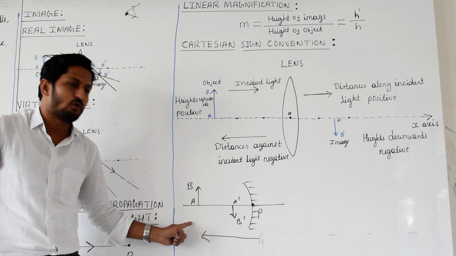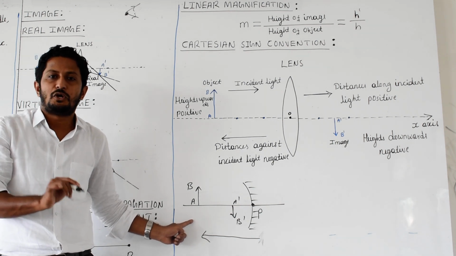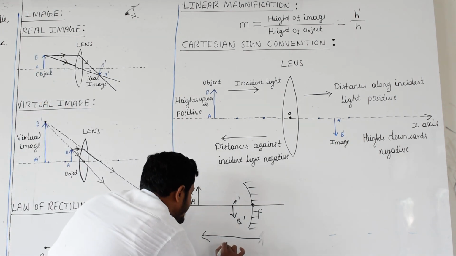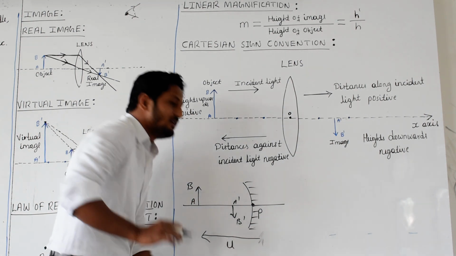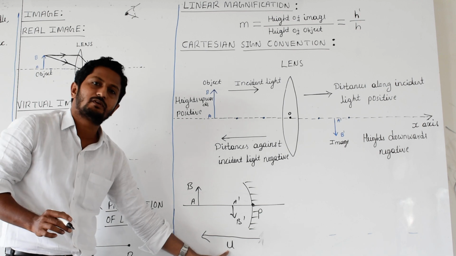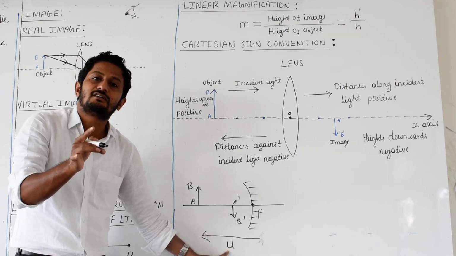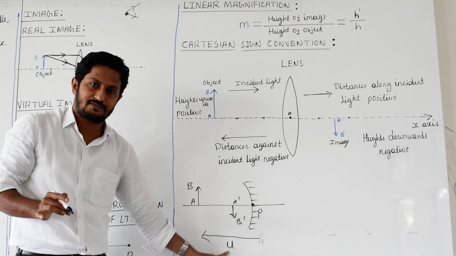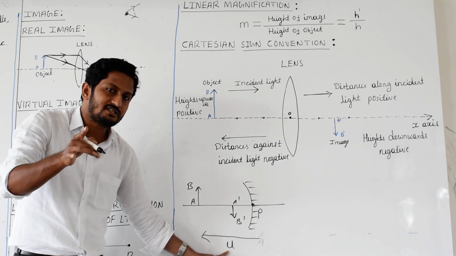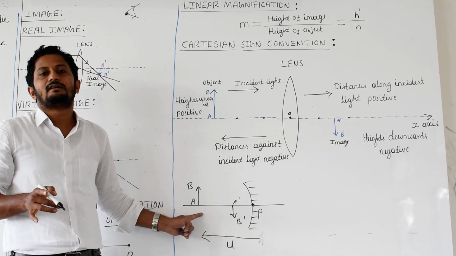Which distance do we call this? Object distance. We represent object distance with the small u symbol. Small u tells the distance from the pole to that object.